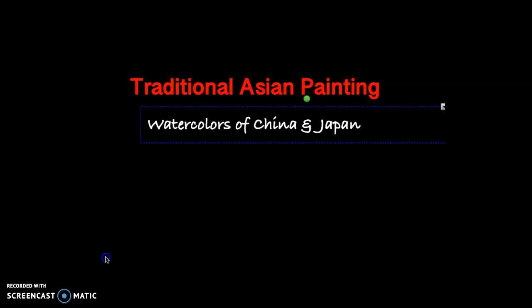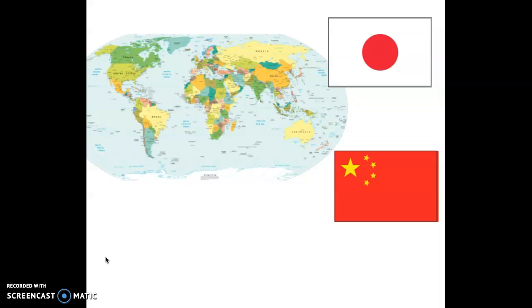So again, these are paintings of China and Japan, some very traditional Asian paintings. And those two countries are right over here. Here's China, and the country of Japan is a small country surrounded by water right here.